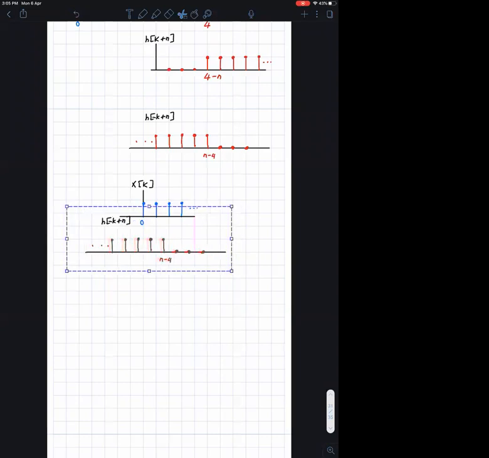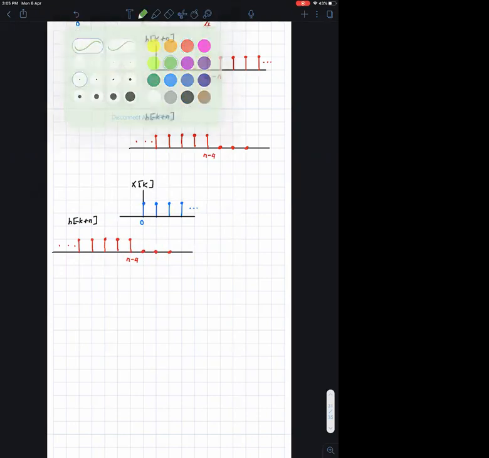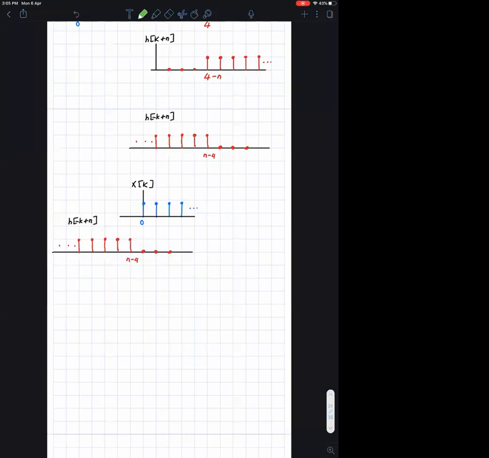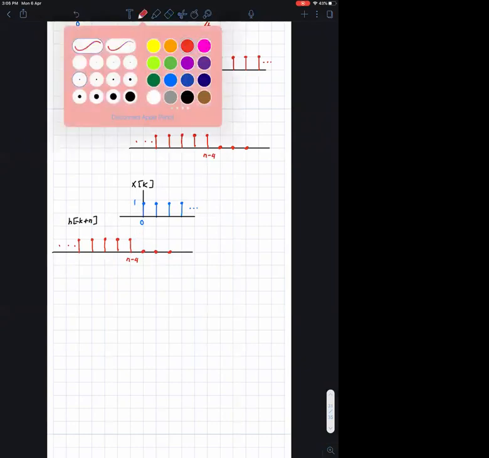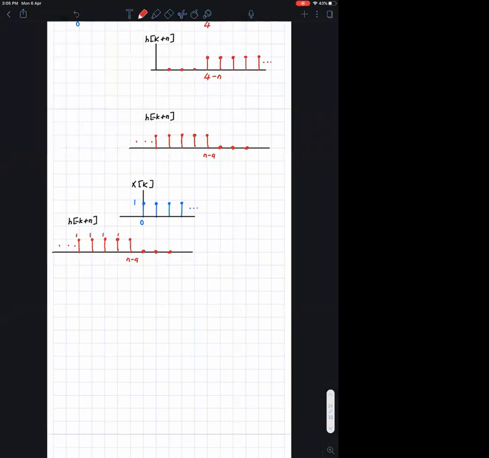Okay, right now there's no overlap. Overlap means, you see right here, all these are amplitude one. So right now when they are not overlapping, 1 times 0 is 0, correct?